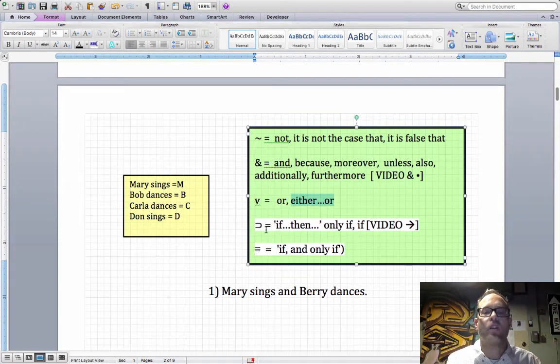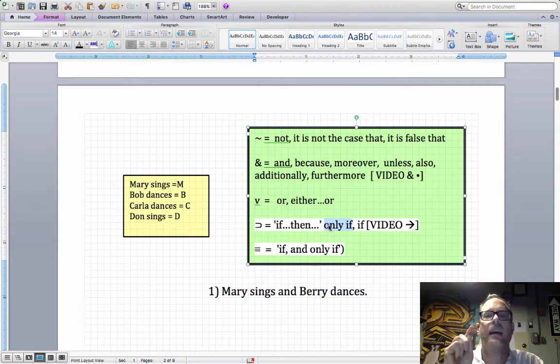Now, we have two more operators. This one here we call horseshoe. It stands for the words if, only if, and if-then in English. This word, only if, is a little bit tricky. We'll get into only if and if in class, so we'll do mostly if-then.